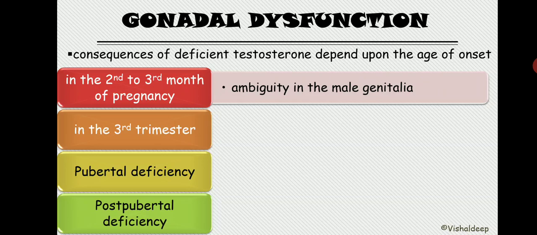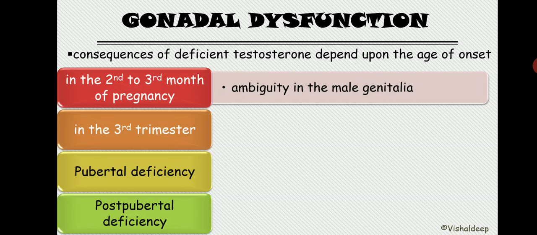Ambiguity of the male genitalia means that we cannot identify that it is a male genitalia. It is not clear, right? Ambiguity means it is not clear. So if the deficiency happens in the early pregnancy, then the male genitalia will not become clear, right? The development is not that clear.